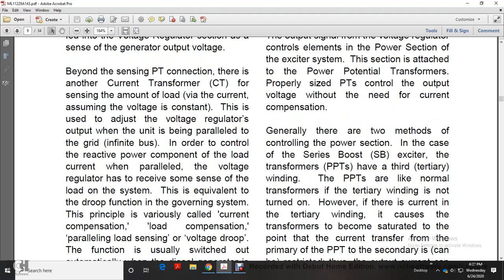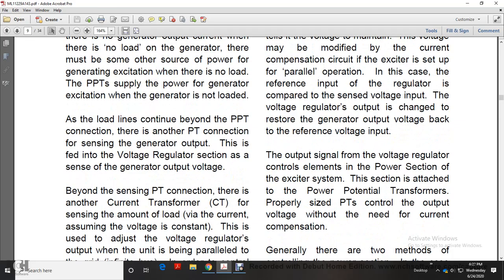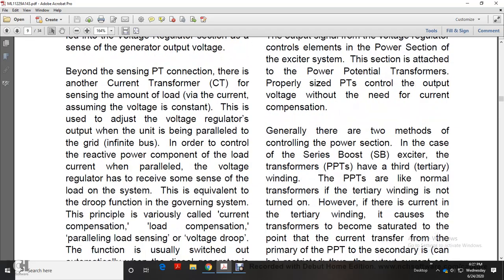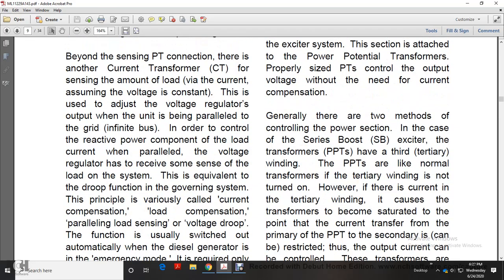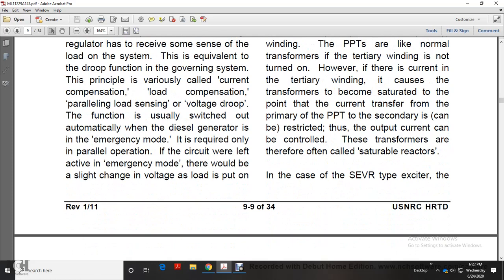However, if there is current in the control winding, the transformer becomes saturated from the point of the current transformer, so the primary to secondary power potential transformer output can be restricted, and thus output current can be controlled. The transformers are therefore called saturable reactors.